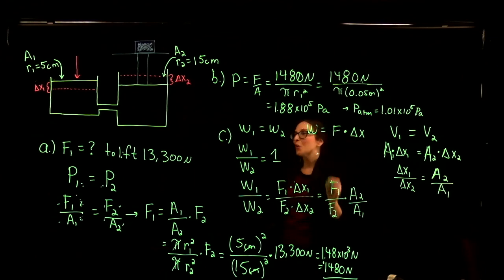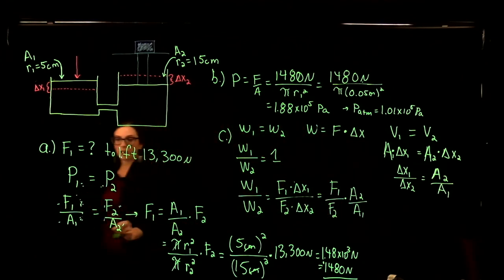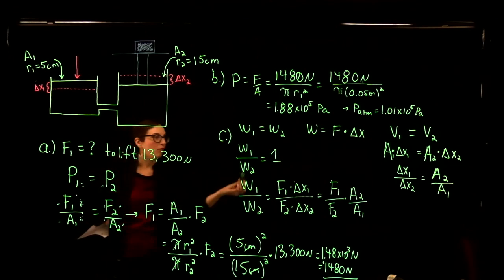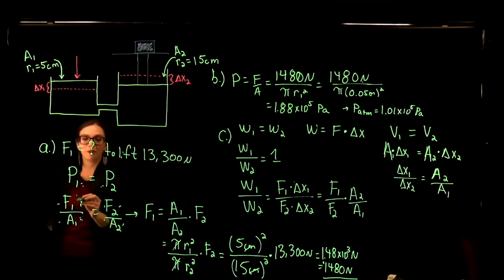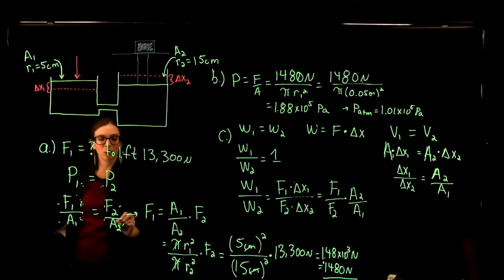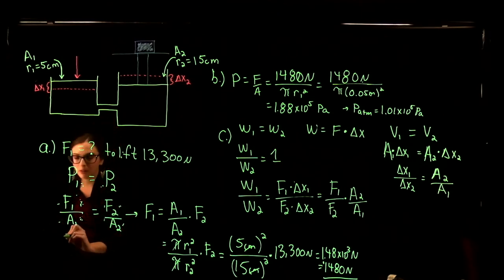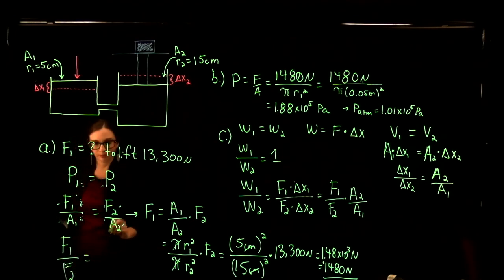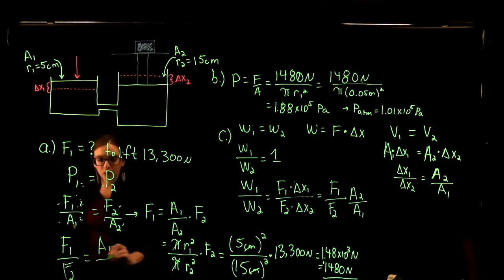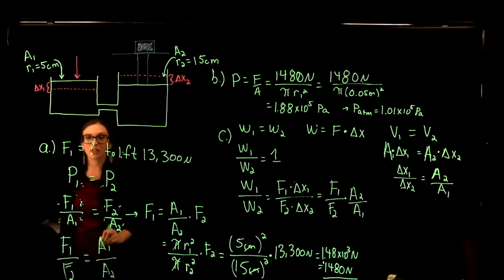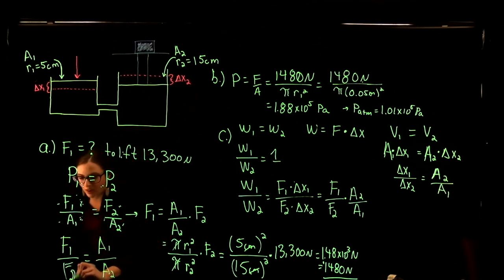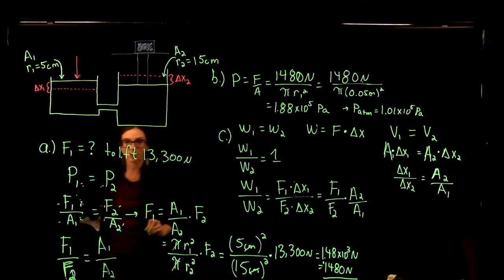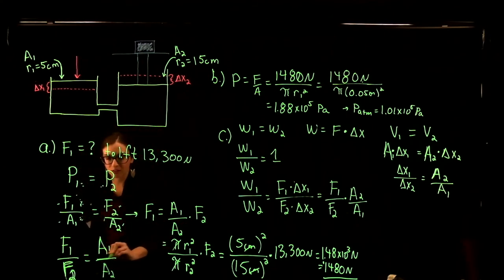Now, we also can derive a relationship here between F1 and F2. So here we've got F1 over A1 equals F2 over A2. So if I solve this ratio, we find that F1 over F2 equals A1 over A2. And I'll leave it to you to prove to yourself that that is in fact what it is equal to. I'll let you do those algebra steps if you would like to prove to yourself that what I just said here is true.